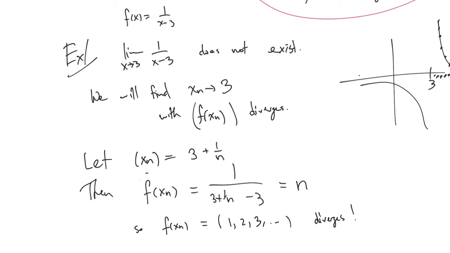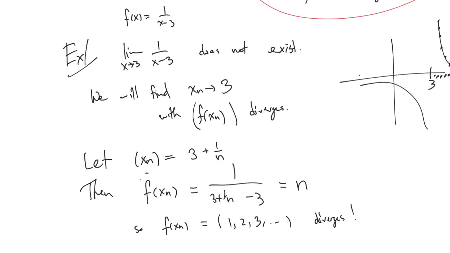That's it. All right. So when you're trying to show that a limit does not exist, you have to find a particular sequence and then demonstrate that when you plug that sequence into the function, the limit of that sequence does not exist, which is typically going to be a lot easier than dealing with the epsilons and deltas directly. All right?